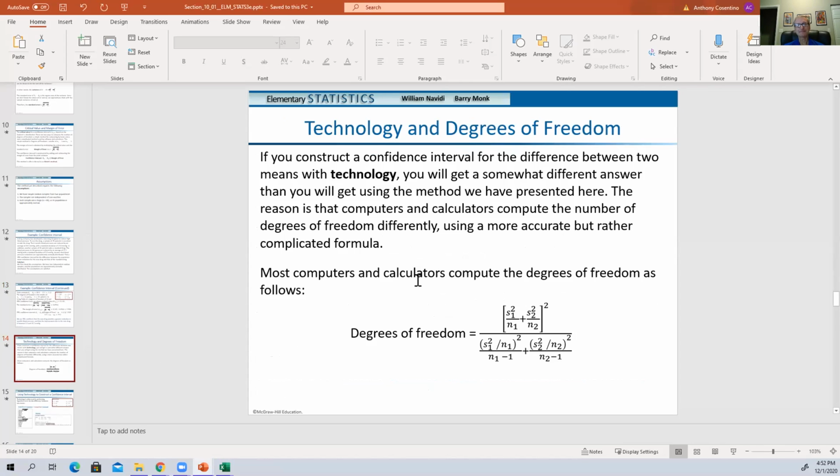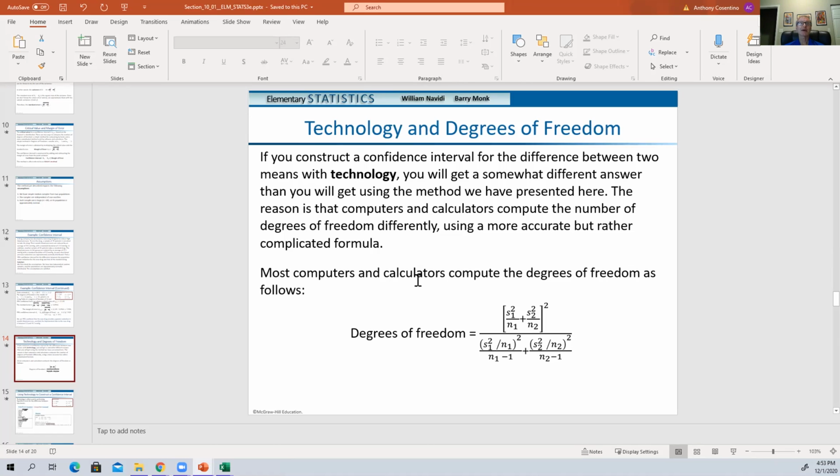And it's a real pain to do by hand using this degrees of freedom. And what will end up happening is the degrees of freedom will end up being a fractional number instead of a nice whole number. And so guess what? The table isn't that useful as well.